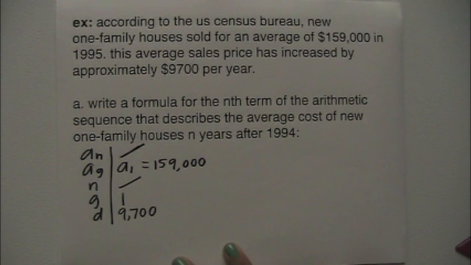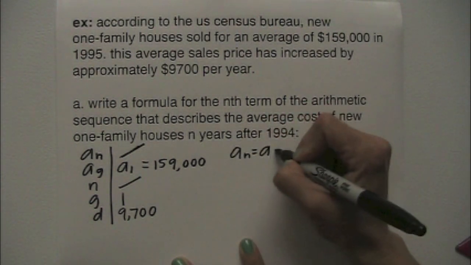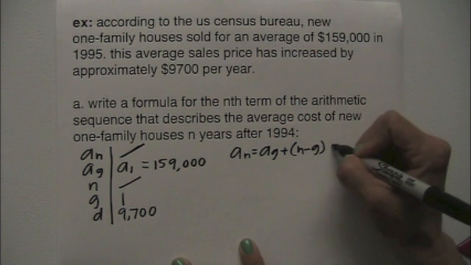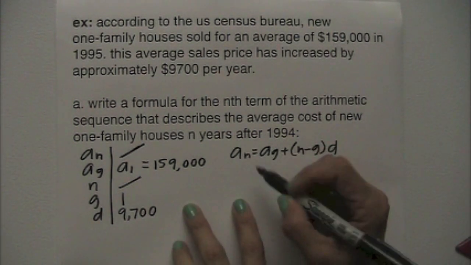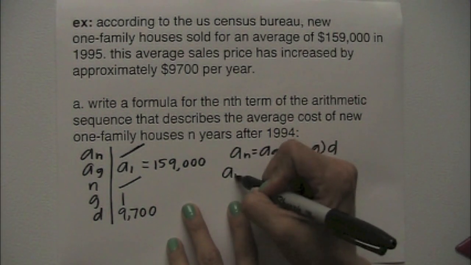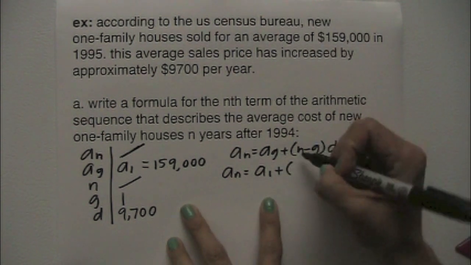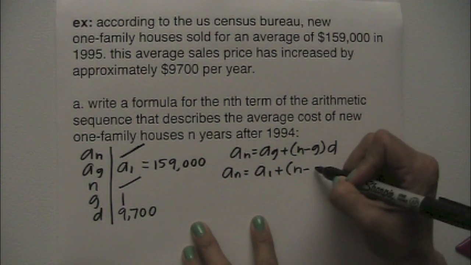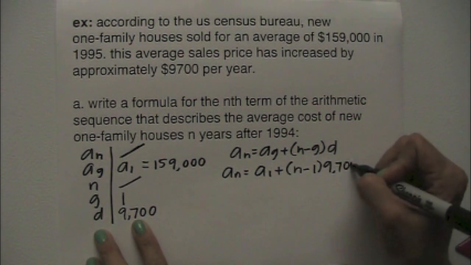So now we're going to take that information and plug it into that same formula, a sub n equals a sub g plus the quantity n minus g times d. So a sub n is equal to a sub 1. And then because we're leaving n as a variable, I'm just going to write n minus g is 1, and d is 9,700.